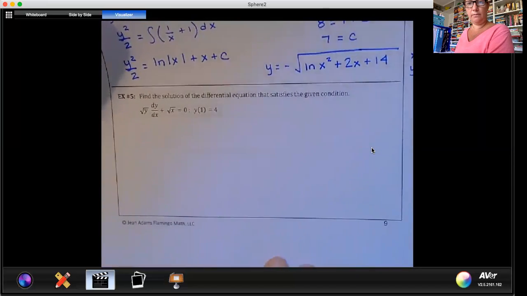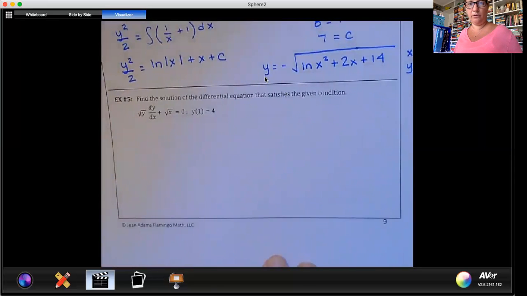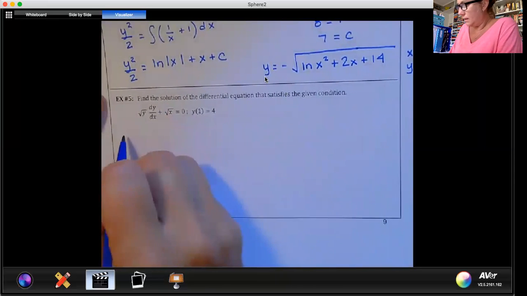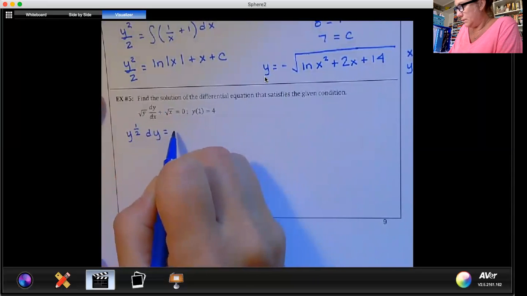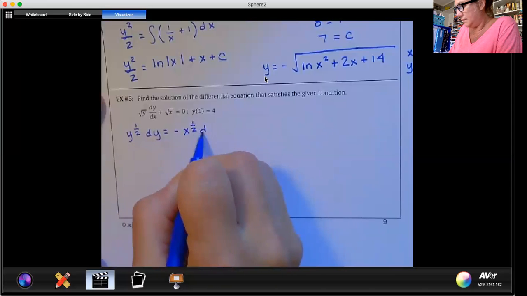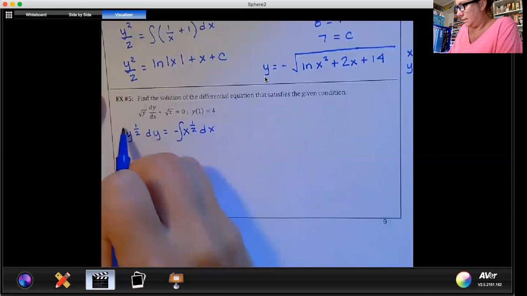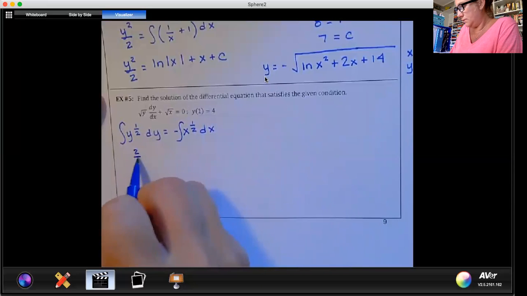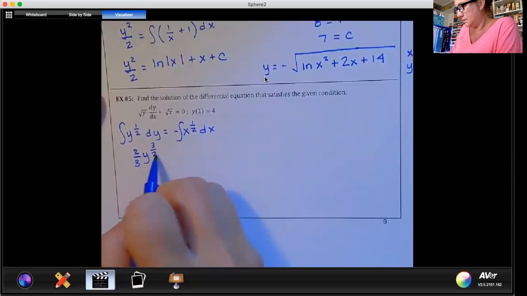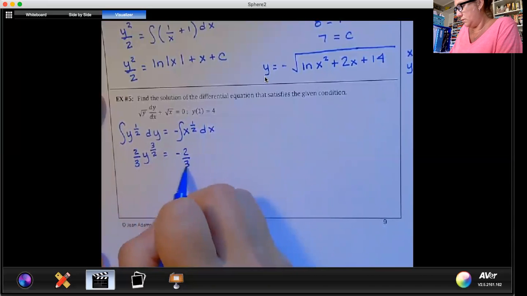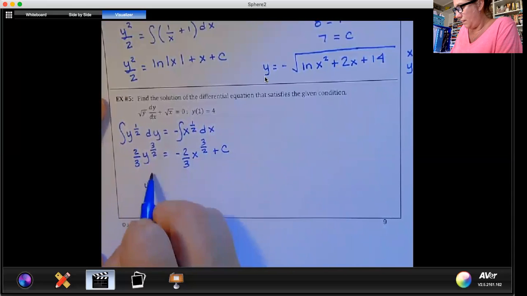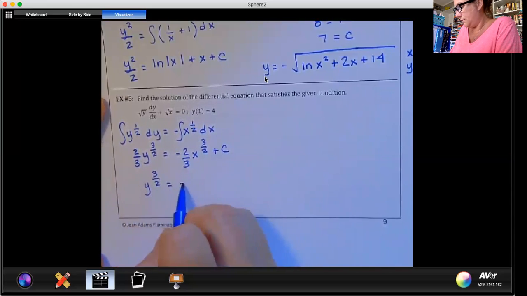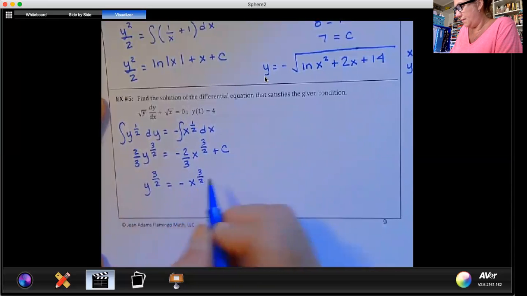All right, last one, you're welcome to pause your video and try it on your own if you'd like. So y to the 1/2 dy equals negative x to the 1/2 dx, and integrate both sides. So 2/3 y to the 3/2 equals negative 2/3 x to the 3/2 plus c. So y to the 3/2 equals negative x to the 3/2 plus c.